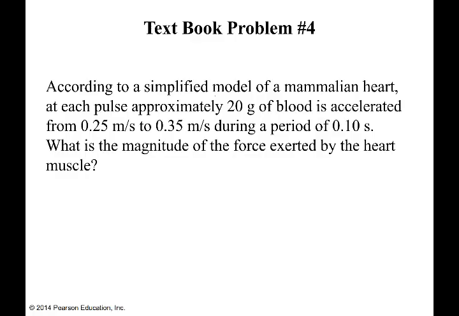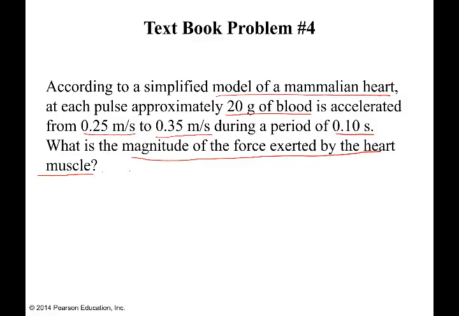According to a simplified model of the mammalian heart, at each pulse, approximately 20 grams of blood is accelerated from 0.25 meters per second to 0.35 meters per second. You have information about velocities here, and time is also given, and mass is also given. You have to find out the magnitude of force exerted by the heart muscle.